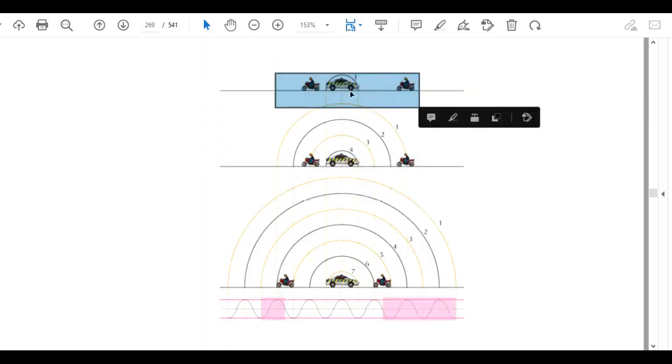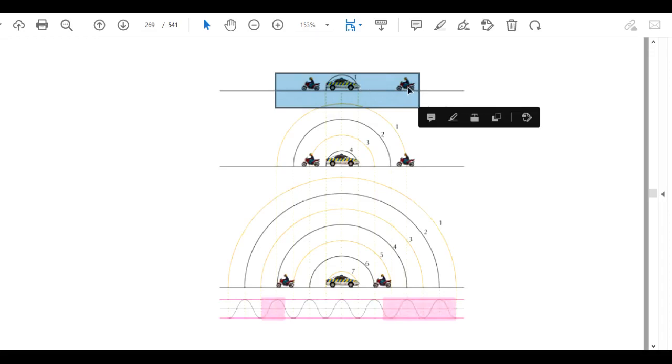Sorry, we have a source here, and then we have two observers. This observer is facing away from the sound source, which is the police car, and this observer is facing the head of the police car.